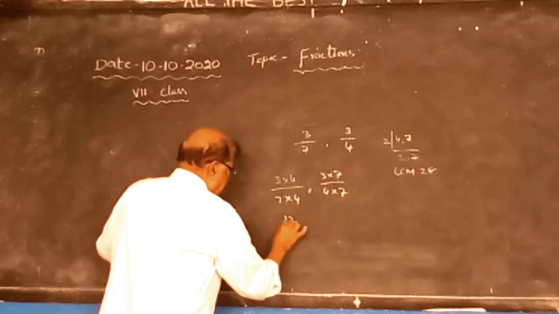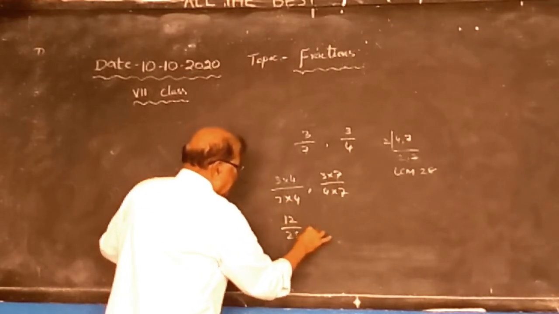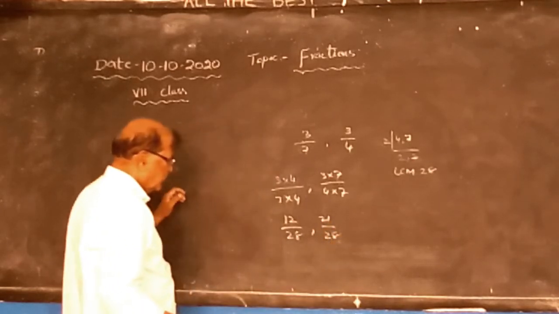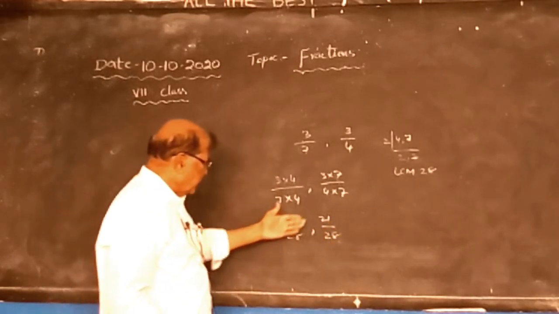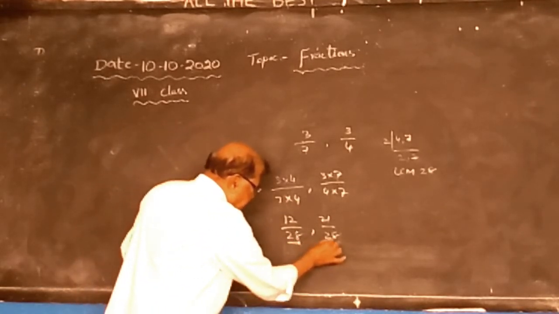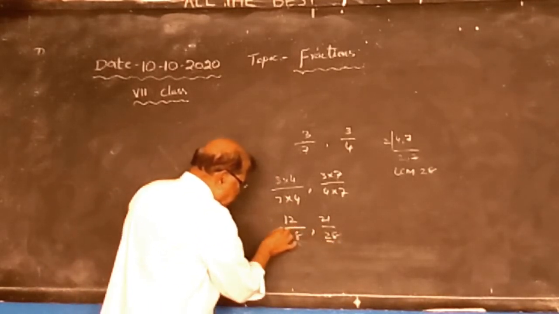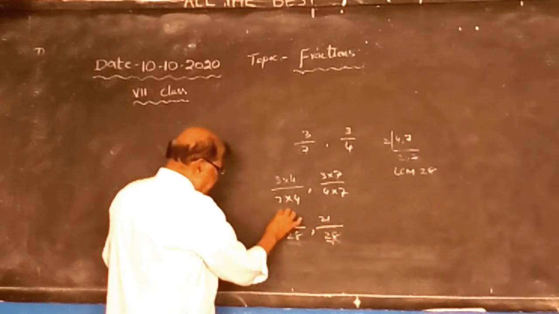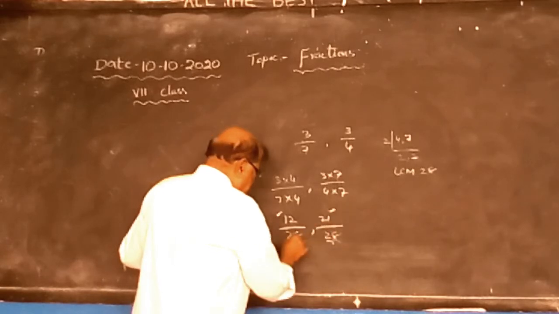So 12 by 28 and 21 by 28. Here 28 equal parts are made, and here also 28 equal parts. Here 12 are taken, here 21 are taken. So this is less.